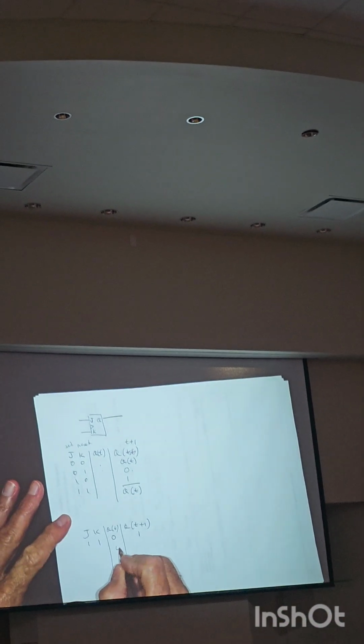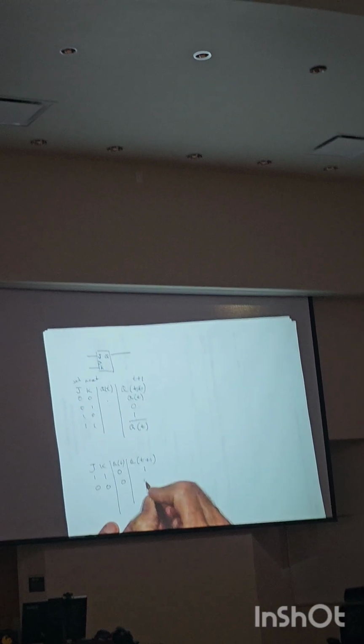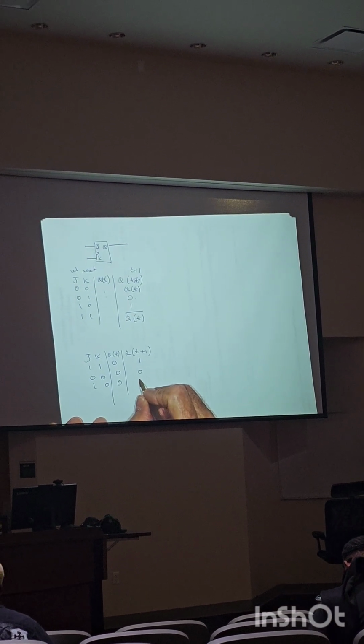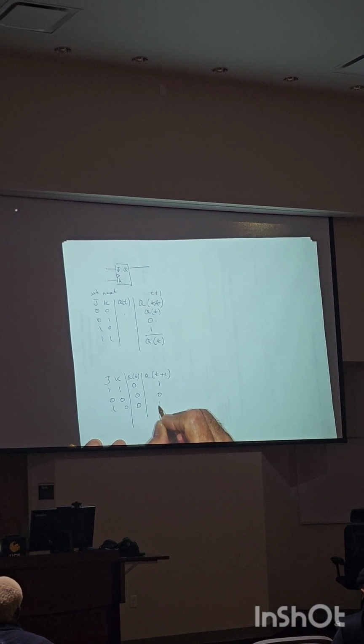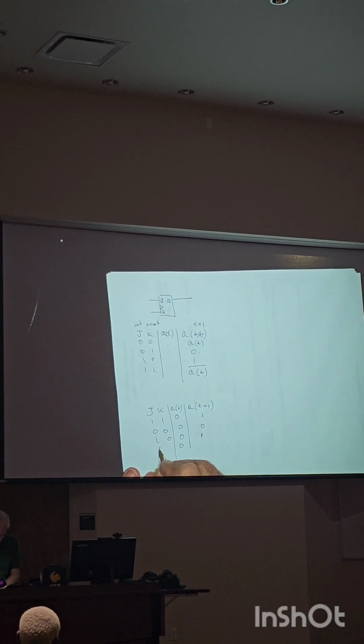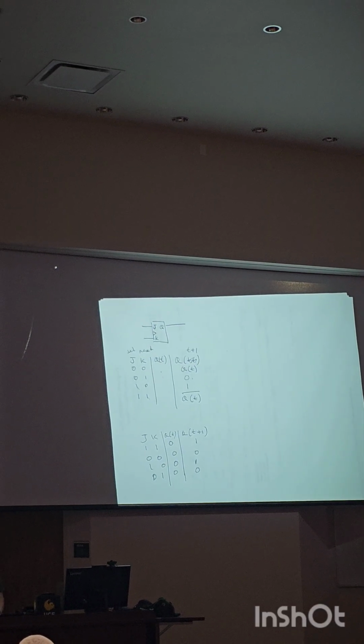And if I have a 0 and I input 0, 0, what do we get? And if I input 1, 0, and we have a 0, what do we get? 1. And if I have a 0 and an input 0, 1, what do we get? 0. Is that clear for everyone?